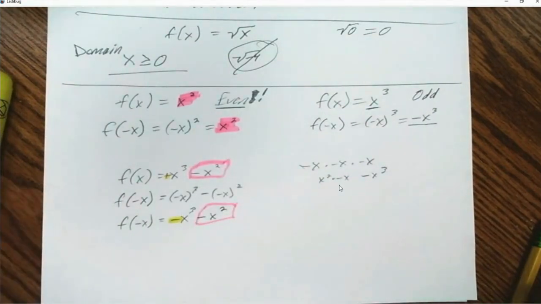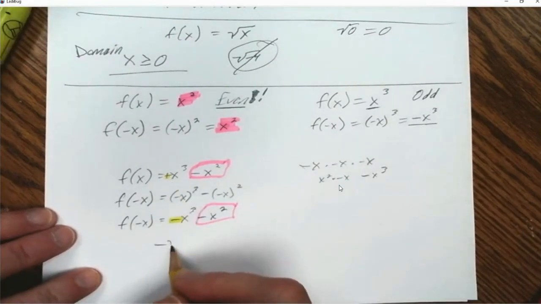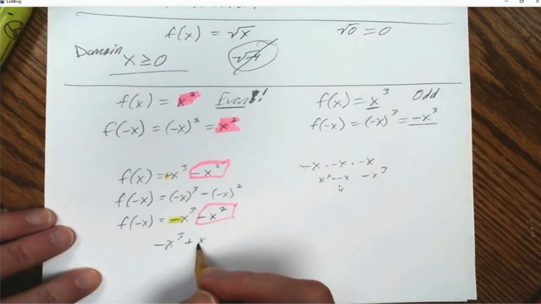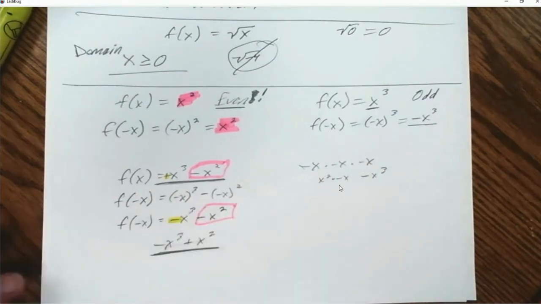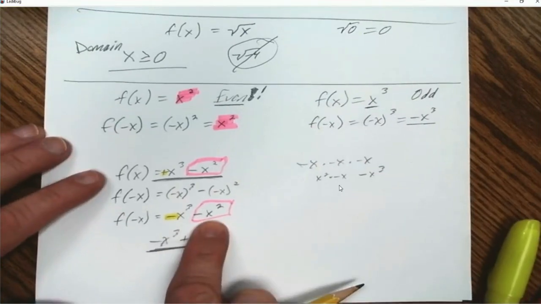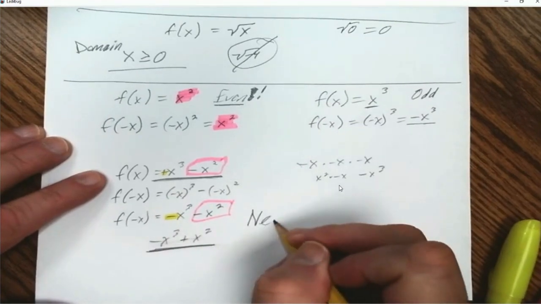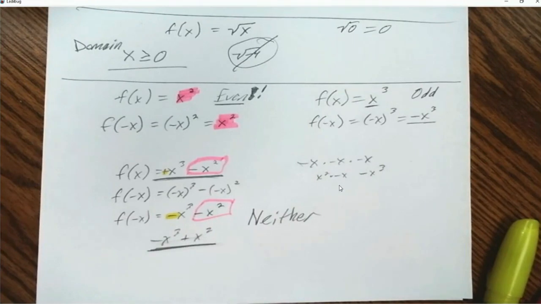If this ended up opposite, if this was odd, then this would be negative x to the third plus x squared. That's the opposite of this. But that's not what we ended up with. We ended up with part of it opposite and part of it the same. This is neither. Neither.